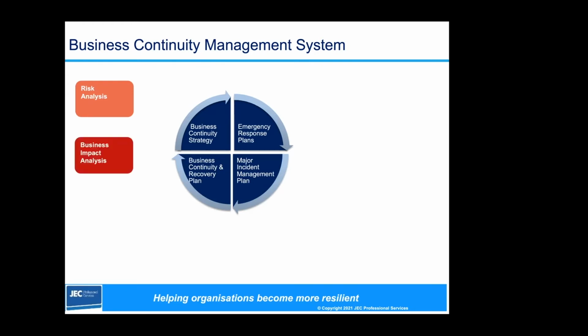Probably the hardest work to do with business continuity is the business impact analysis. So this is identifying the critical activities and working through what their dependencies are in terms of the different departments involved, external suppliers, service providers, and the IT systems that they rely on, deciding how long you can manage without those systems operating, how up to date the data needs to be, what the minimum staffing is required for those activities.